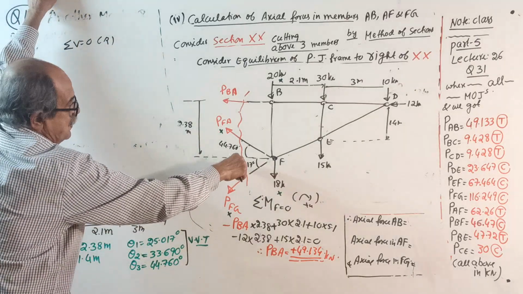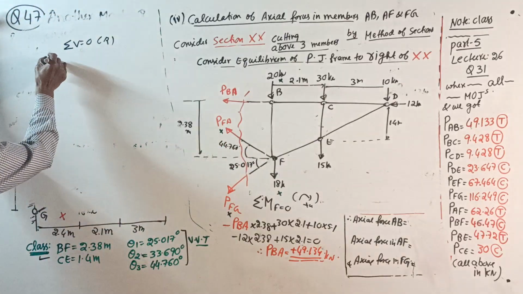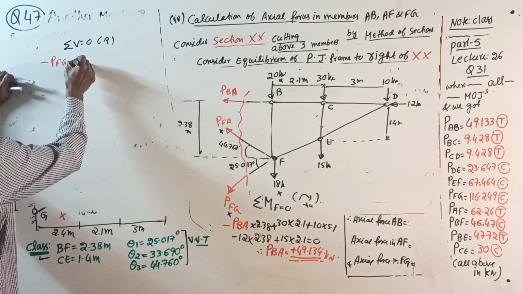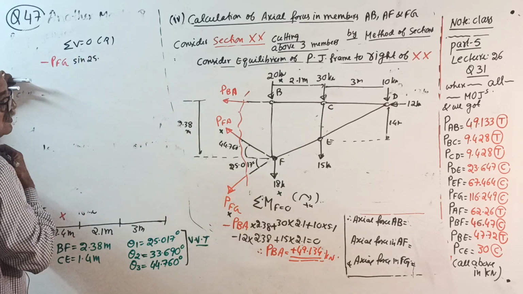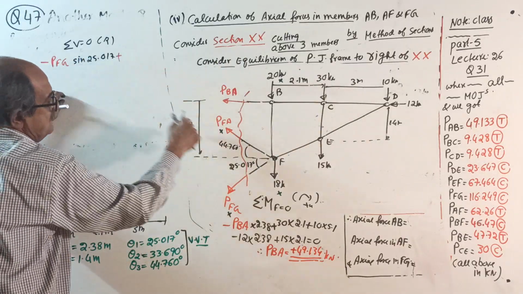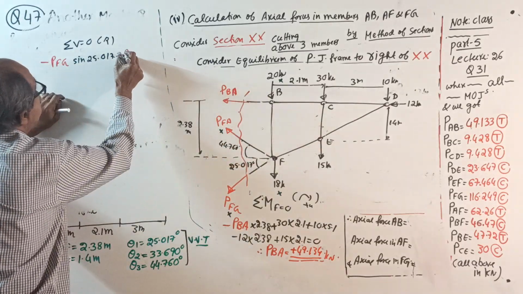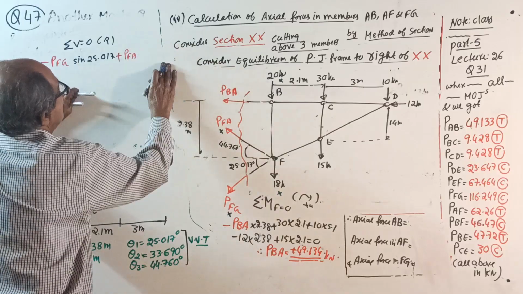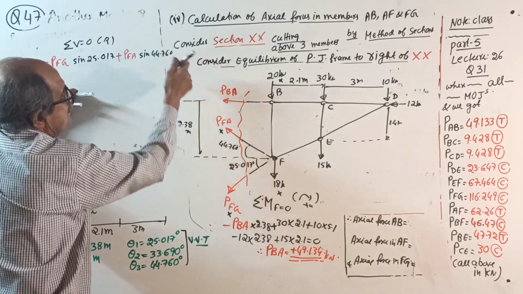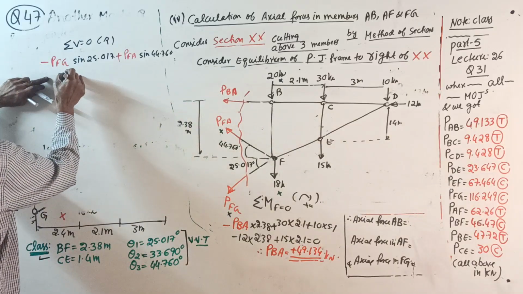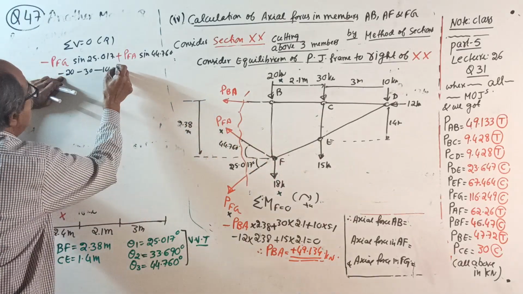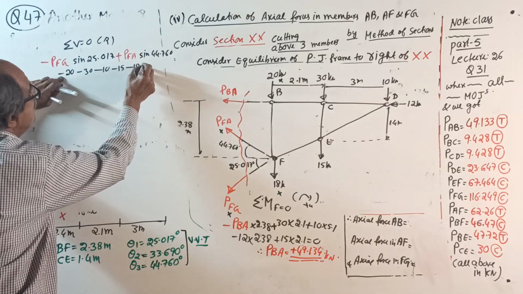Minus P_FG sin 25.017 plus P_FA sin 44.760, minus 20, minus 30, minus 10, minus 15, minus 18 equal to 0.